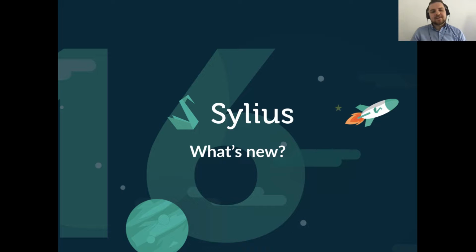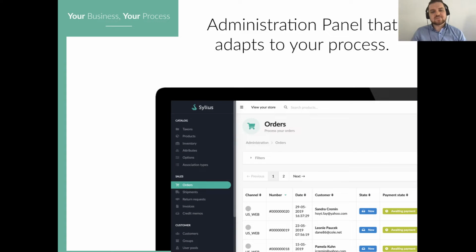I think the biggest and the most visible one is the refreshed administration panel. It was a while since it was designed, and we now have on the product team a fantastic front-end developer and designer, Szymon, who helped us to refresh the admin panel and provide a couple of quite useful UI and UX improvements.